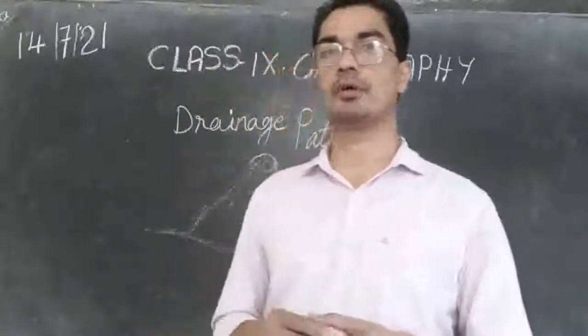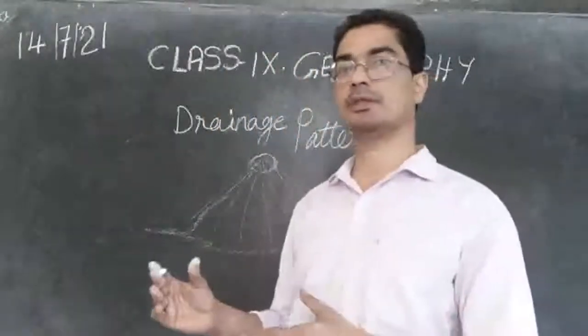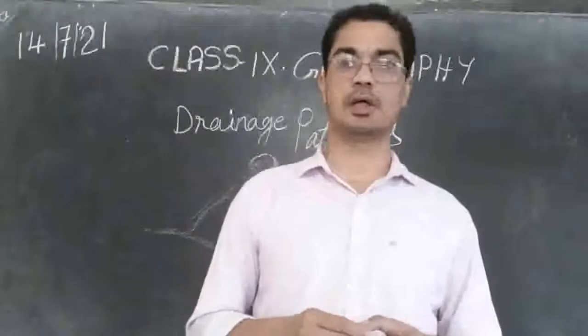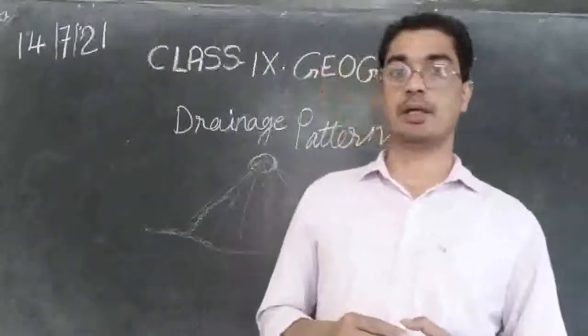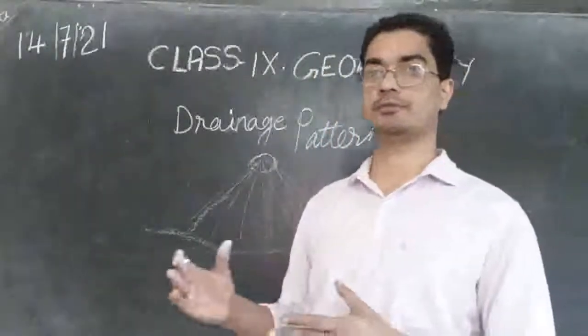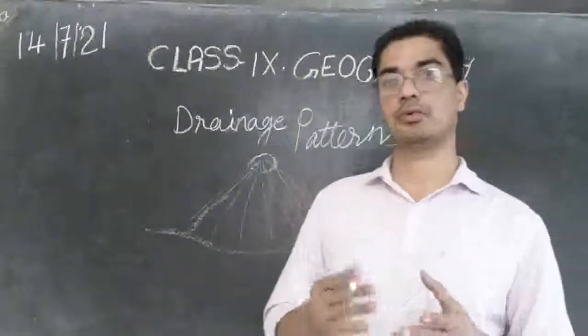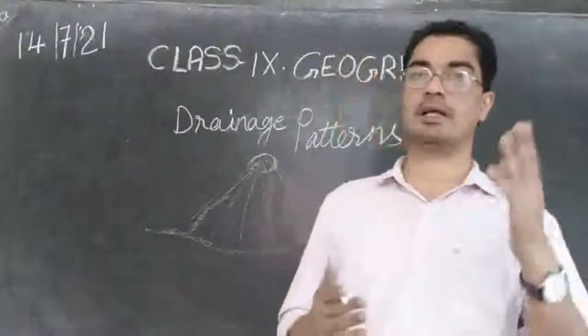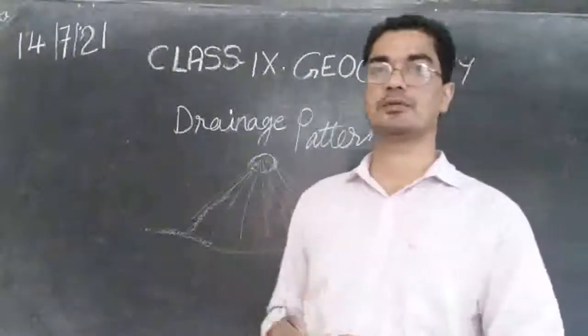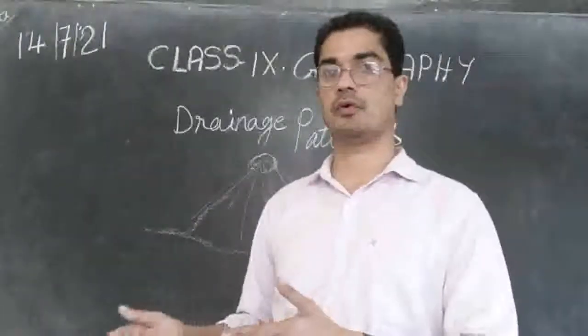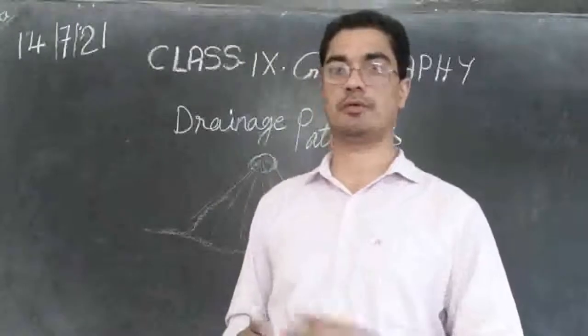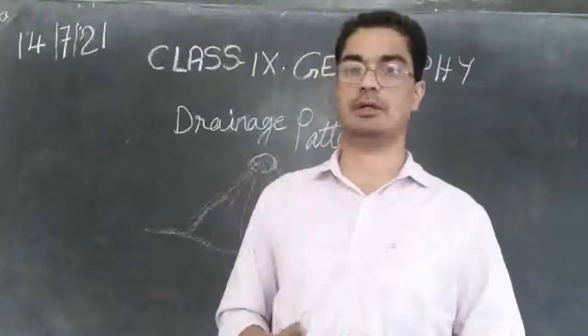We said the Himalayan rivers are longer. They flow such a long distance because they have to flow from the Himalaya till they reach the sea.